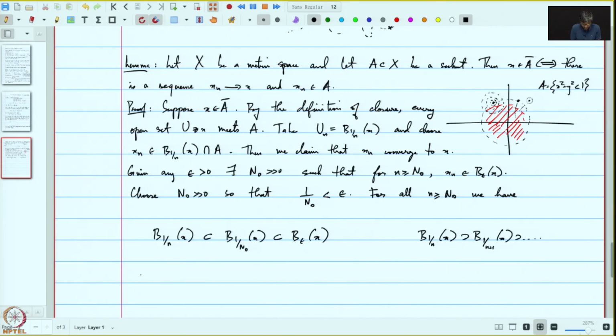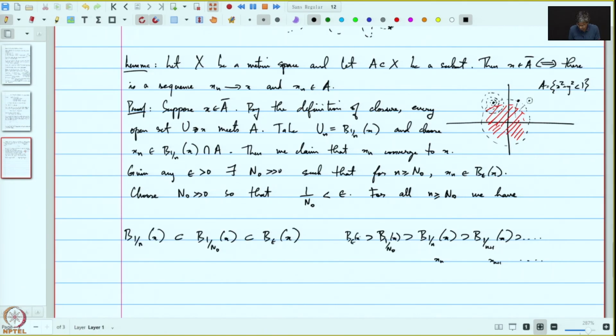So xn is here, xn plus 1 is here, and so on. So all this is contained in B(epsilon, x). Therefore this implies that for all n greater than or equal to n naught, xn belongs to B(epsilon, x), which implies that xn converges to x.